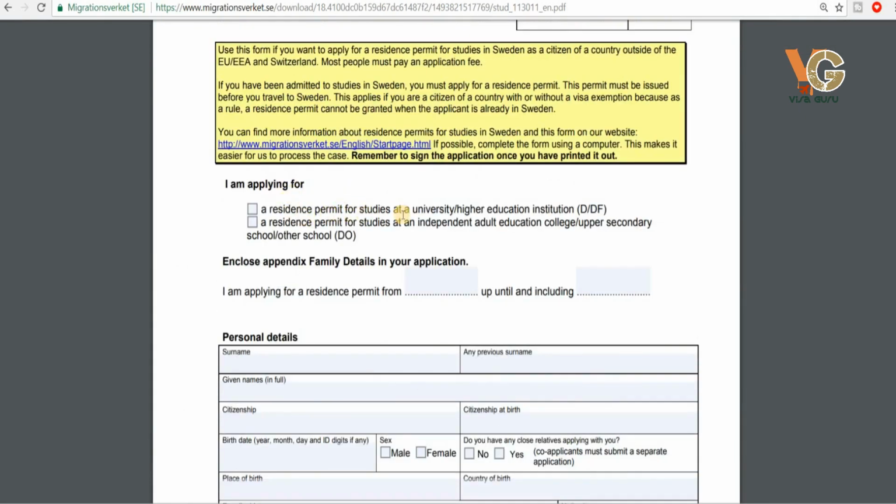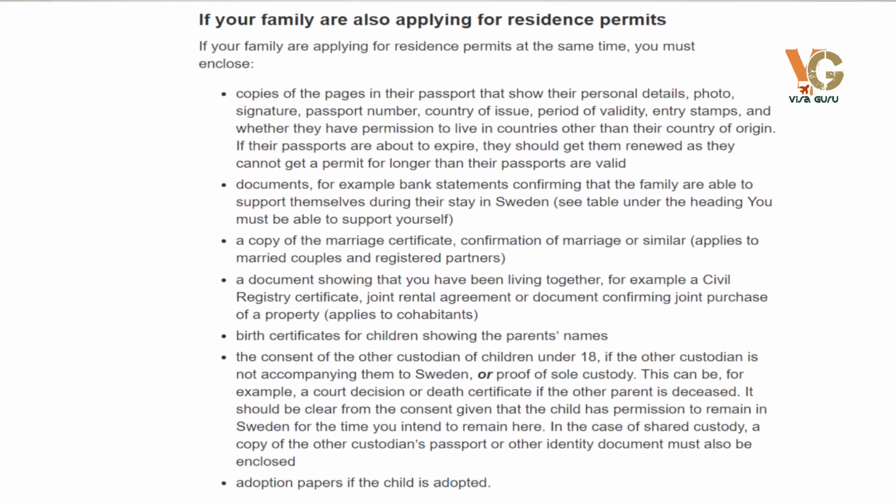So the language proficiency test report form, all these documents, plus the visa application form 113511. You have to fill it out, and if you are accompanied by your partner, your wife or husband, they'll also have to fill out an extra application form with additional documents.